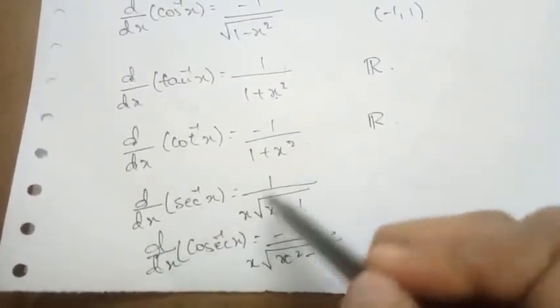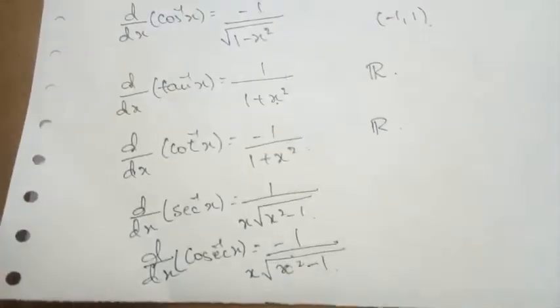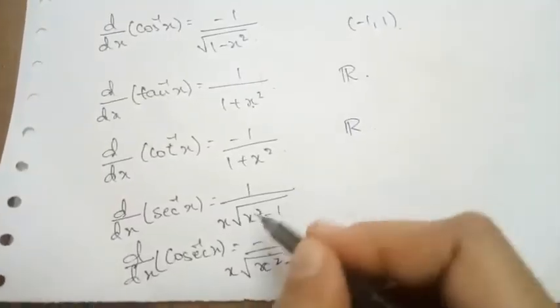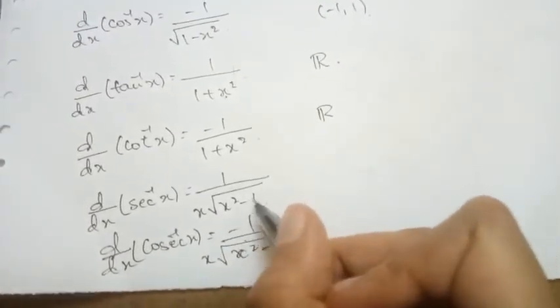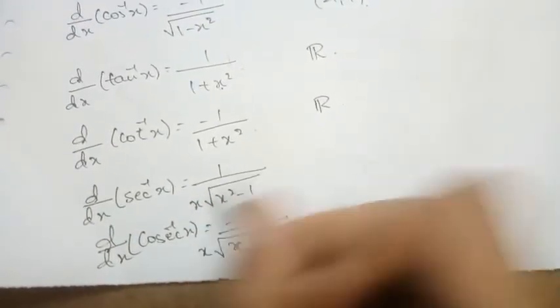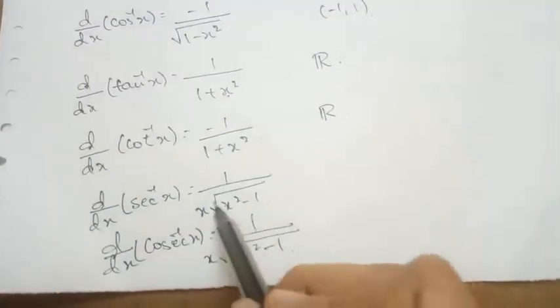The next is finding the domain of the derivative of secant inverse. Here 1 by x and the root of x square minus 1 come in. Here 1 by x means x is not equal to 0.